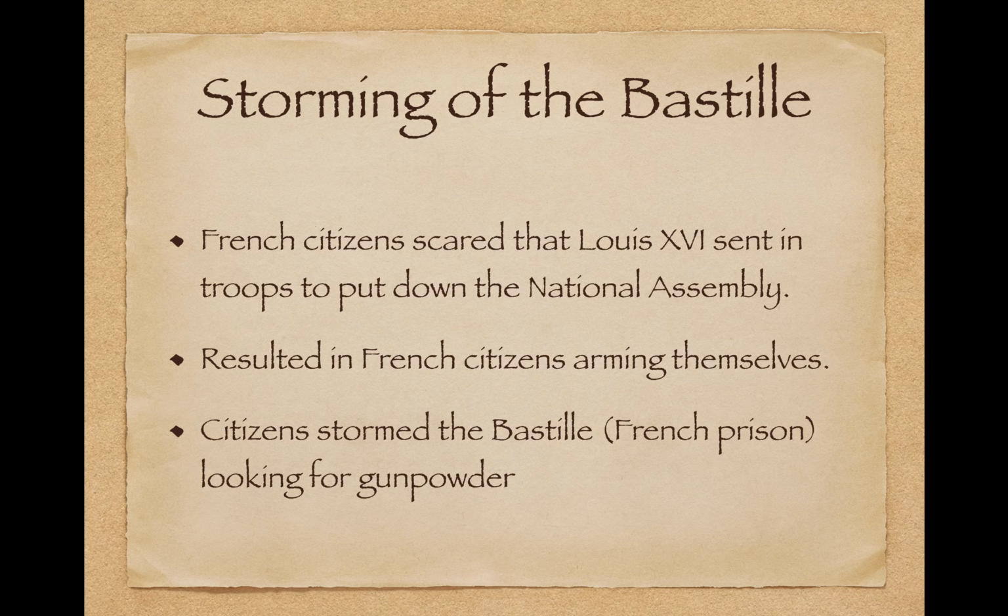Louis sends in troops and guards to put down this uprising that the third estate is creating. And because of Louis sending in troops and guards and soldiers, the French citizens are scared that he is trying to dismantle this new government that they started, the National Assembly.